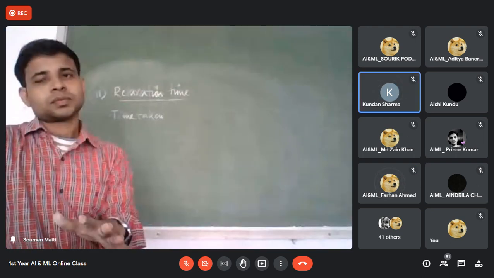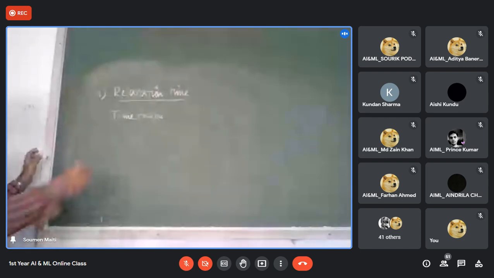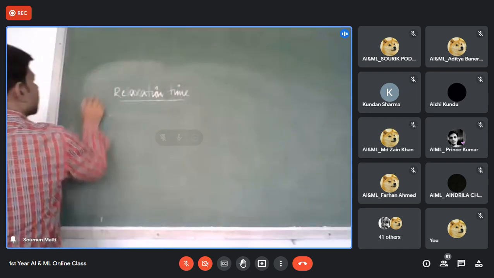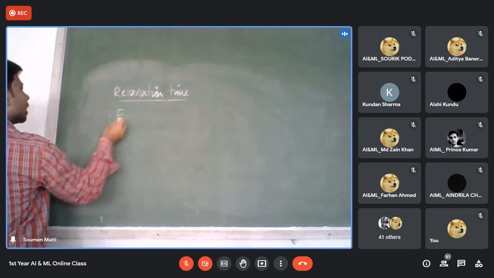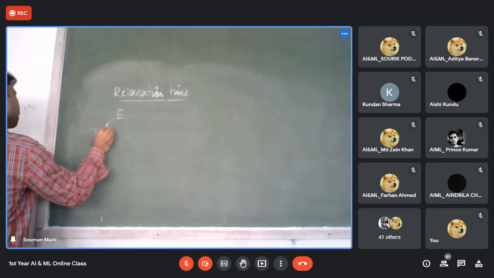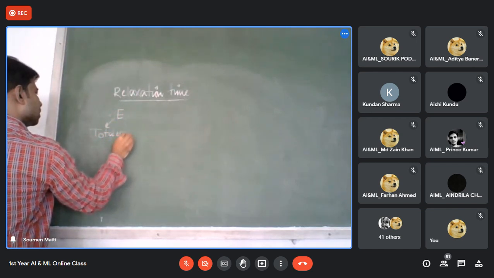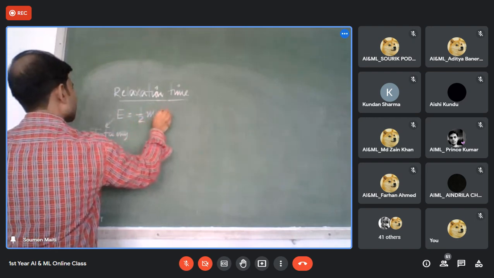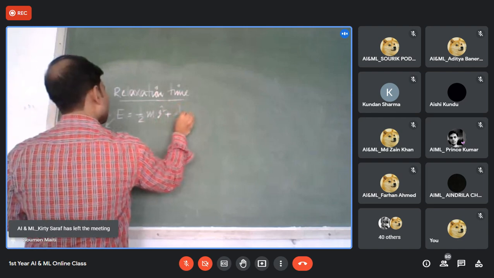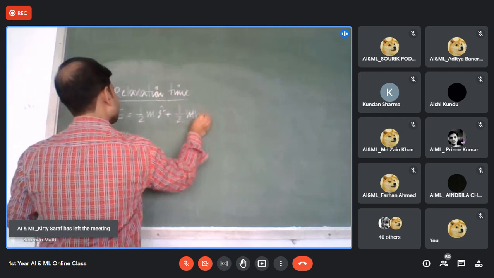Then let's go for the total energy. For the damped oscillator, this is also low damping, so SHM is going on. The total energy is equal to half mv square plus half m omega square x square.